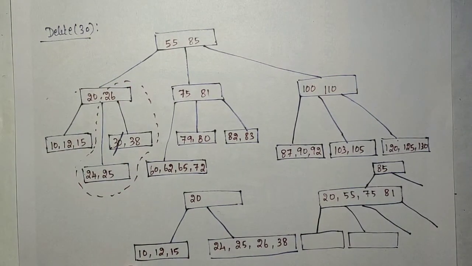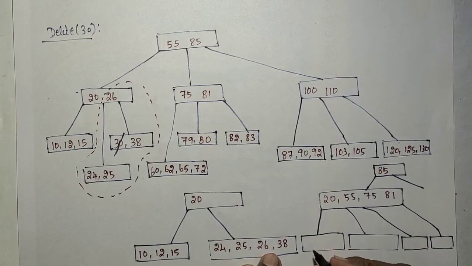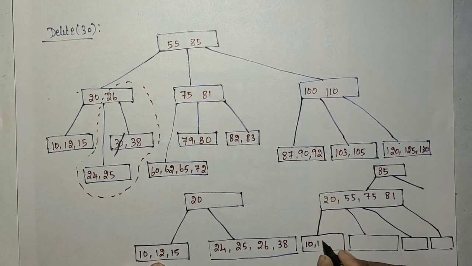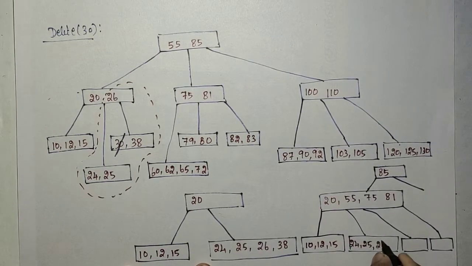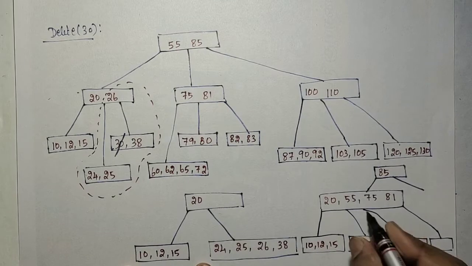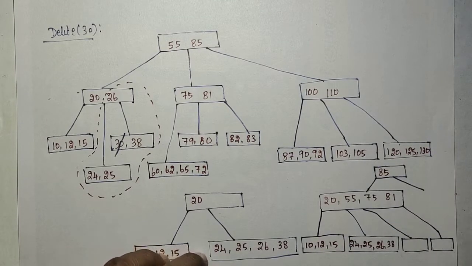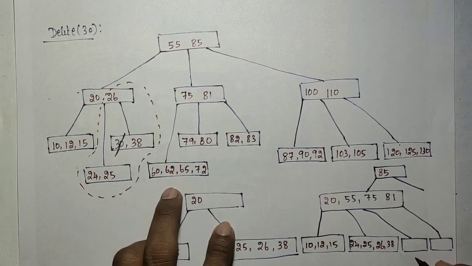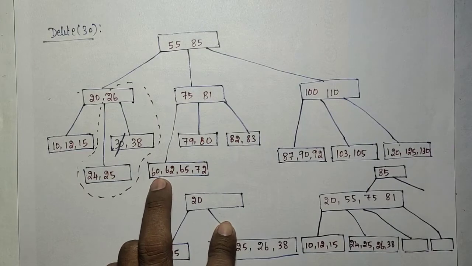So the elements will become: here 10, 12 and 15, here 24, 25 and 26 and 38, and here 60, 62.